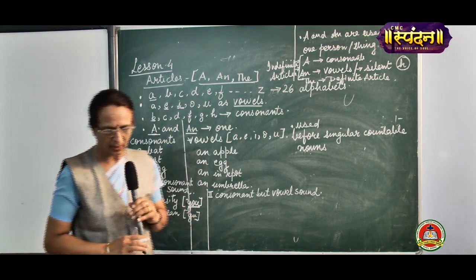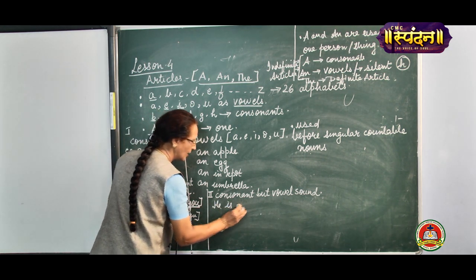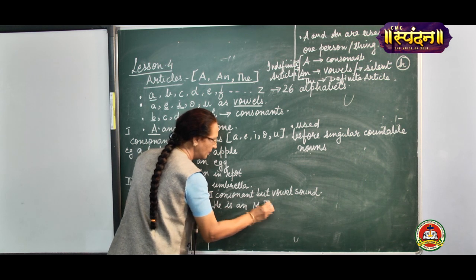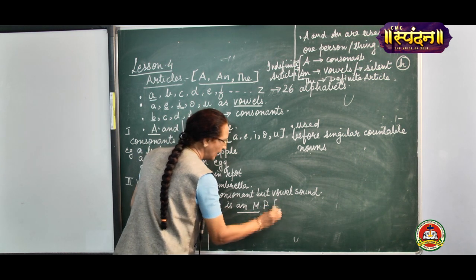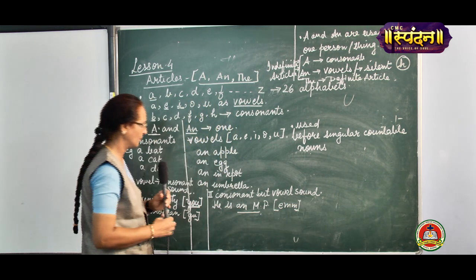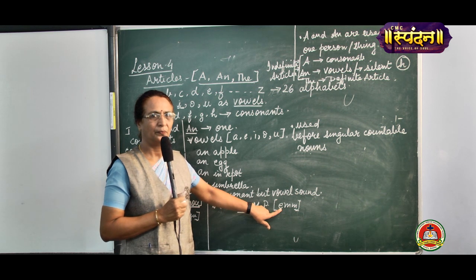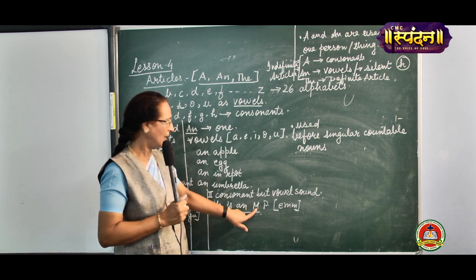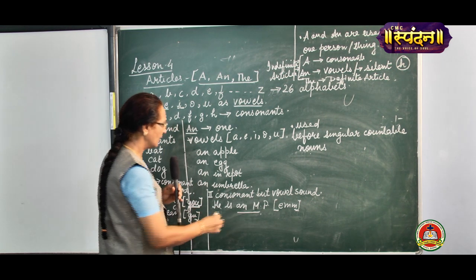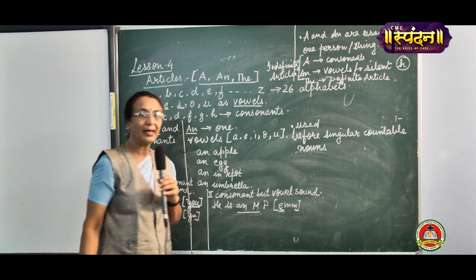Like, he is an MP. He is an MP. M is coming like this, M. Do you hear me? So, though it is a consonant, how is it being pronounced?